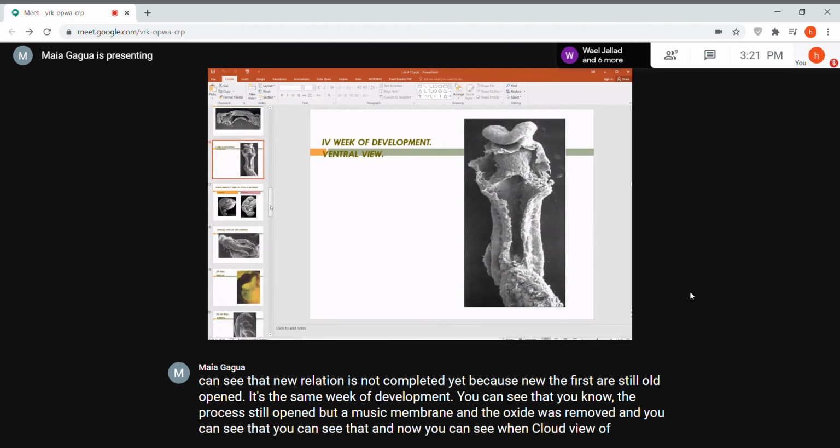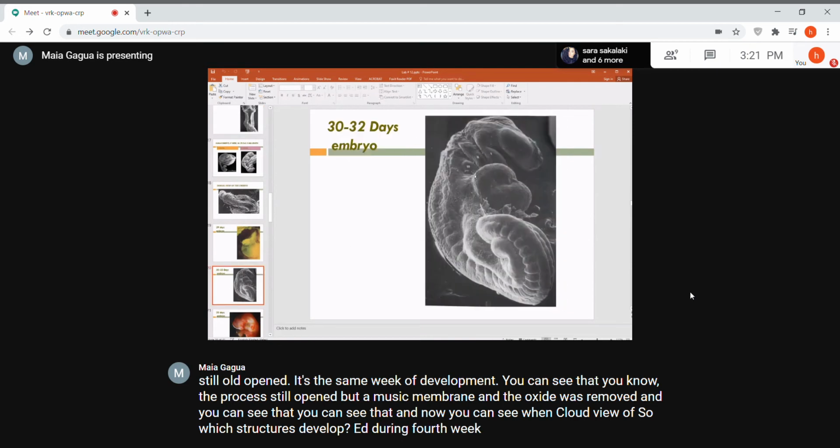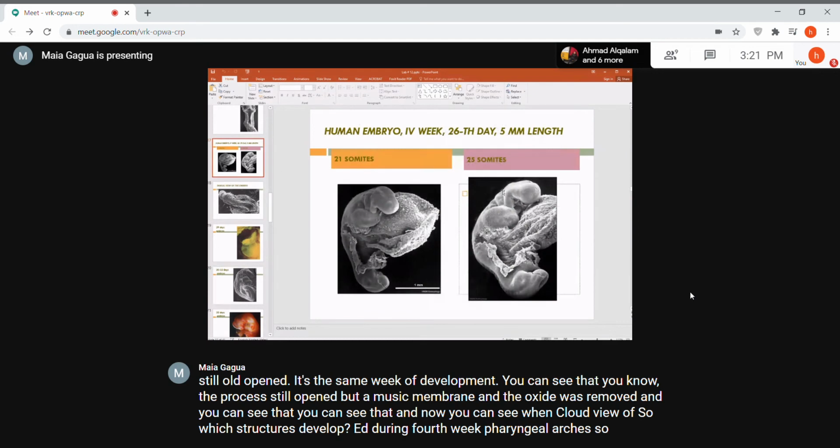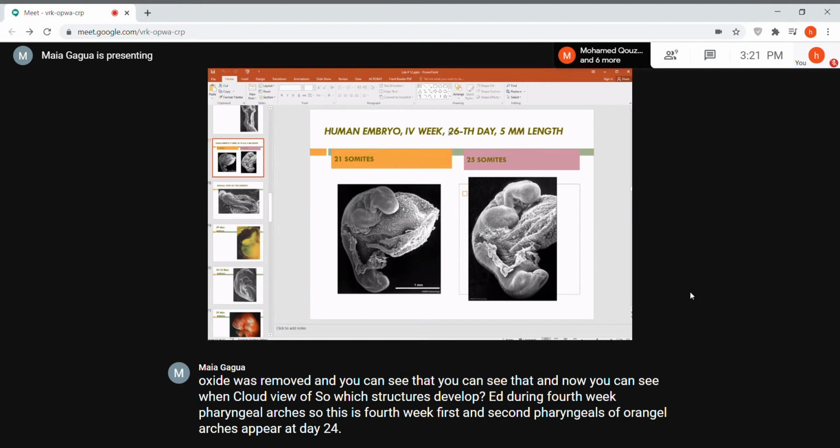So, which structures develop during fourth week? Pharyngeal arches. So, this is fourth week. First and second pharyngeal arches appear at day 24, but at day 26, three pairs of pharyngeal arches are visible.